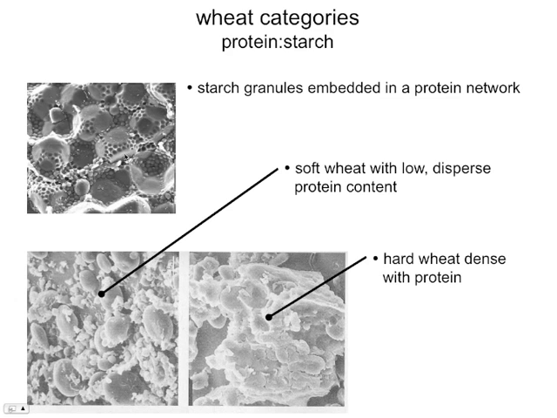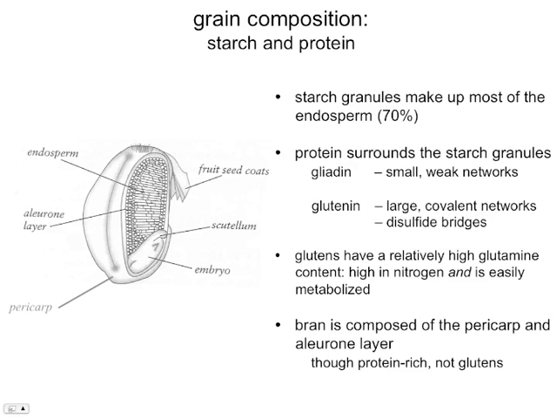We can see these blobs here as starch granules, and these starch granules are generally embedded in a protein network. If we look at soft wheat, we see starch granules with a relatively dispersed protein matrix, as opposed to a hard wheat, where maybe only a 5 or 6% increase in the protein concentration results in this dense matrix of protein.